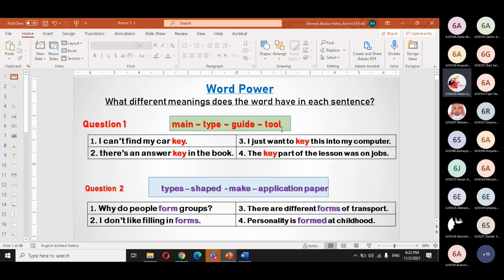There are different meanings. Yes, we see that in each sentence the word key has a different meaning. So the question is, what does each one mean in the sentence? Okay, this is the point.